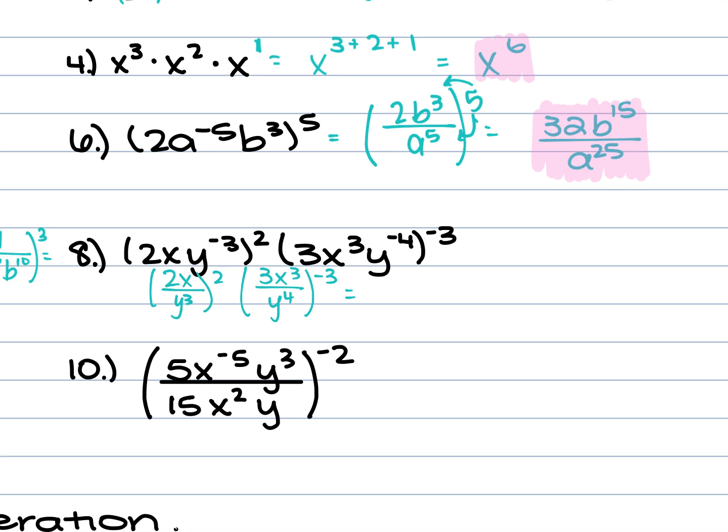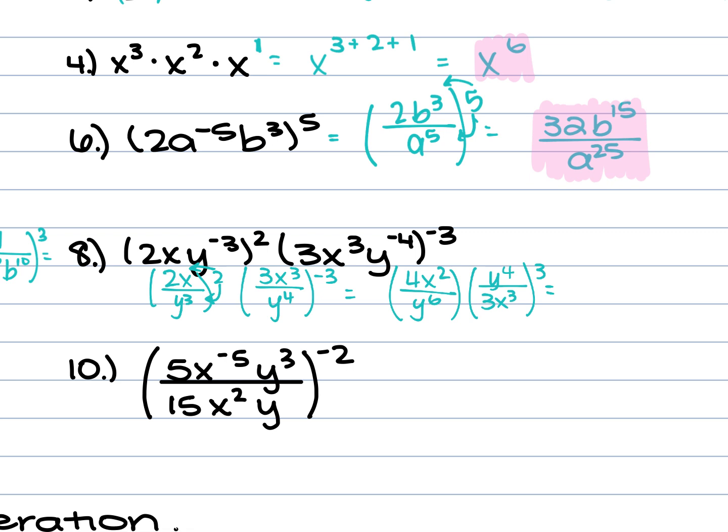This then becomes, if we distribute in that 2 as the power to the top and the bottom of the fraction of the first one, we're going to get 4x to the 2nd power over y to the 6th power. If we turn that negative 3 into a positive 3 power on the second set of parentheses, we're going to have y to the 4th power over 3x cubed, now raised to the positive 3rd power.